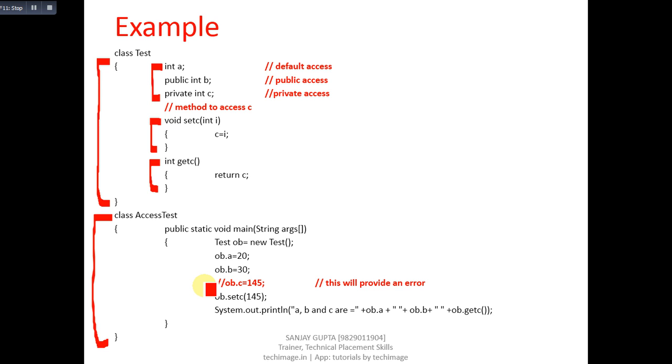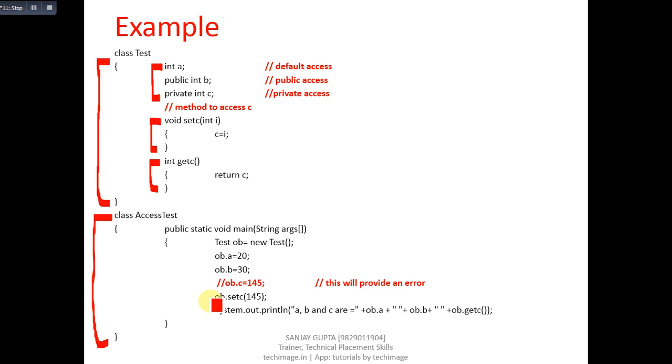If you want to provide a value into c, then I have implemented the setC function, which is receiving 145. With the help of setC, you can assign any particular value to the c variable. Now at last, System.out.println is printing the values of a, b and c. We can directly access ob.a and ob.b because a and b are default and public respectively.